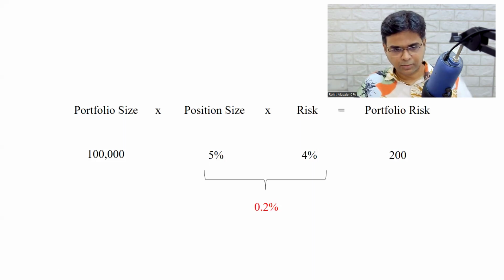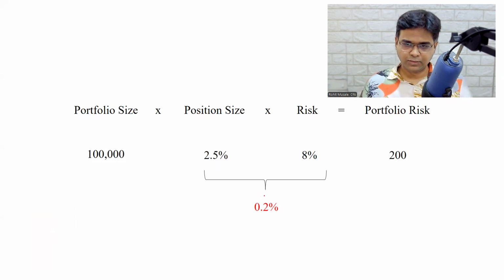Let me set up the pointer here. So this is your portfolio risk. Position size is 5%, stop loss is 4%, and this is your portfolio risk.